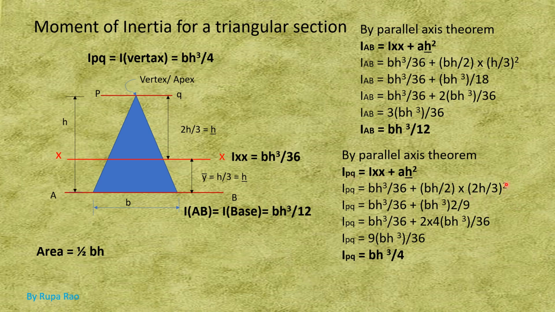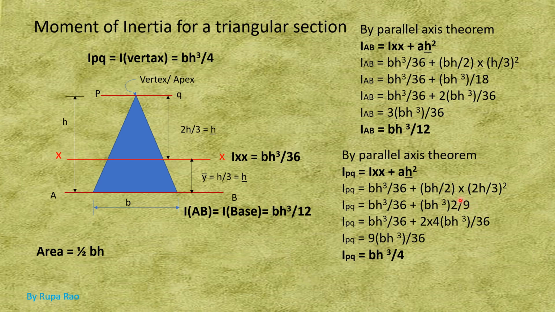So square of it. What will it become? This is divided by 2, and here 2 square in the numerator, so 4 divided by 2 will be 2, and square of 3 is 9. So this figure will come 2 by 9. This is h square; when I square this bracket, h square into h gives bh cube. So when I square it and multiply with h by 2, it will become bh cube into 2 divided by 9.